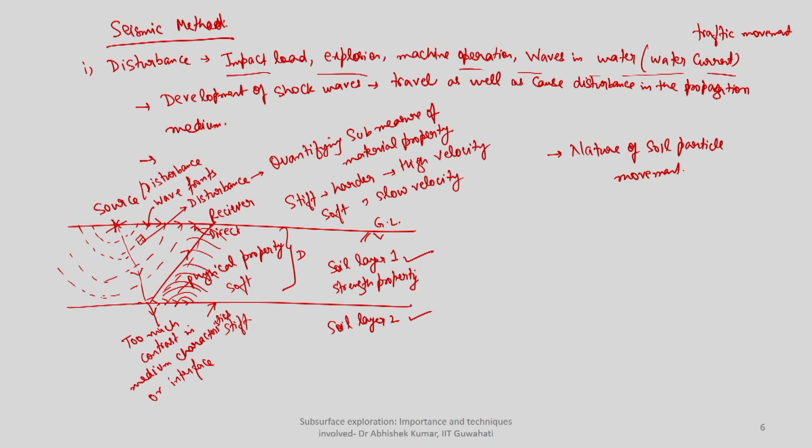Generally, there can be different kinds of waves that can be generated from the source, and depending upon the nature of each kind of wave, it will cause different kinds of soil movement. So, the nature of the soil particle movement will vary from wave type to wave type.